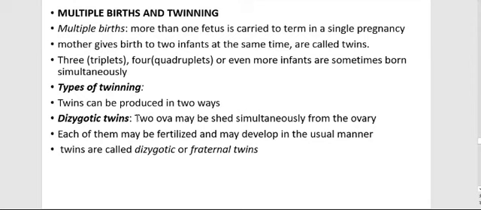So we can say they are 2 siblings who are born at the same time. These are fraternal twins. They're actually different. They can be a boy and a girl, or even a girl and a girl, but they don't look alike. Even the genetic makeup is different.